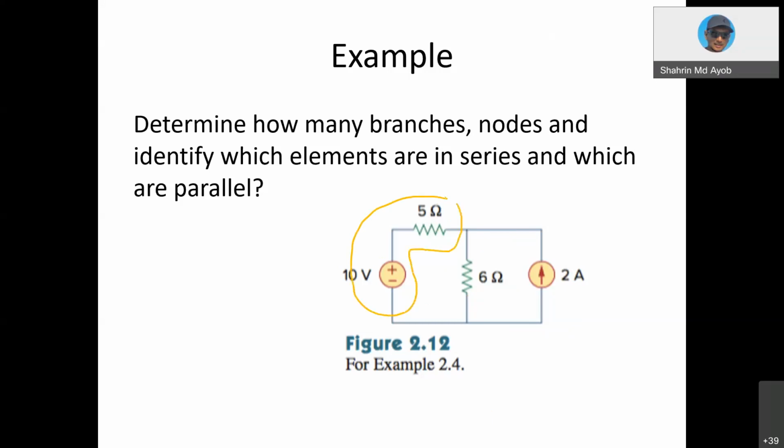These 2 elements are in series because they share 1 node. Meaning that the current flowing through these elements is the same. So if the current here is 5 amps, the same current of 5 amps will flow here. So this is series. I think for the series, only these elements are in series.